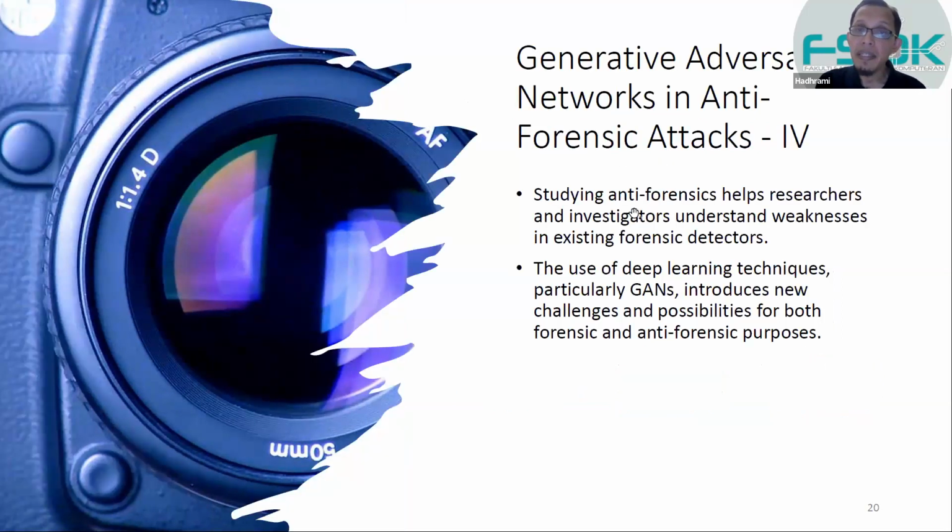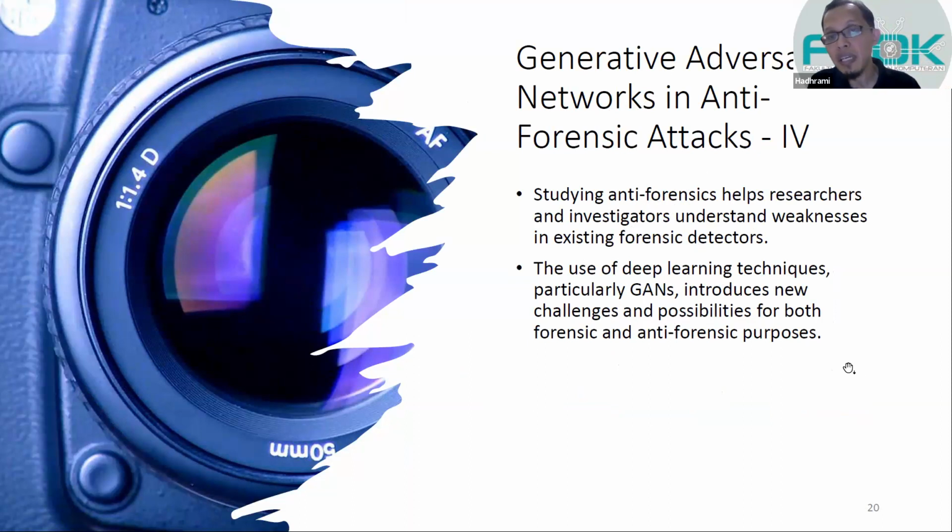By studying anti-forensics using this GAN, we can understand the weaknesses in the currently existing forensic detectors. The use of deep learning techniques like GANs will introduce, of course, further challenges and possibilities for both forensic and anti-forensic work.